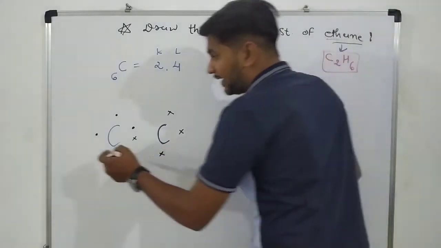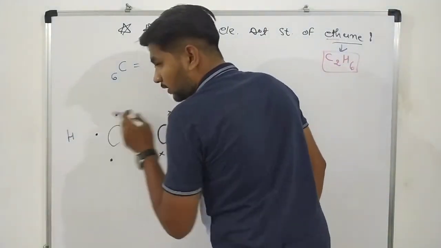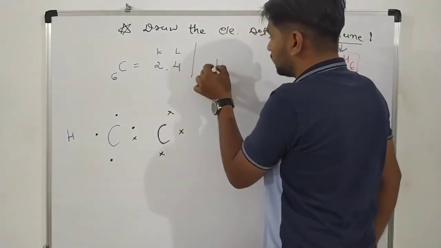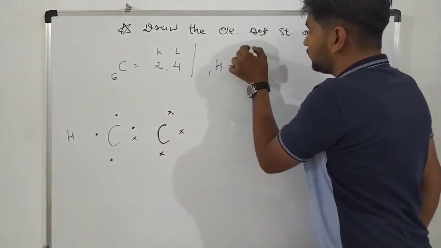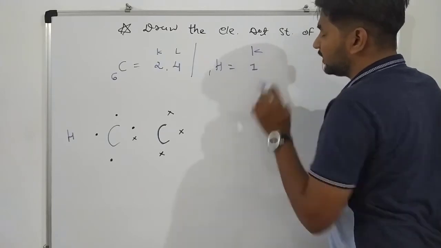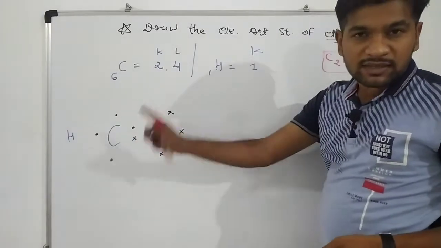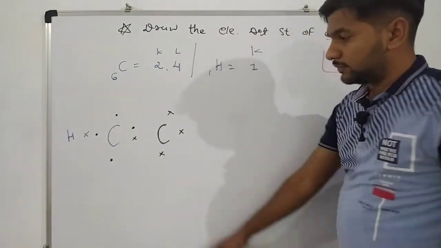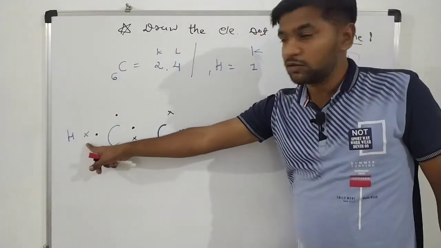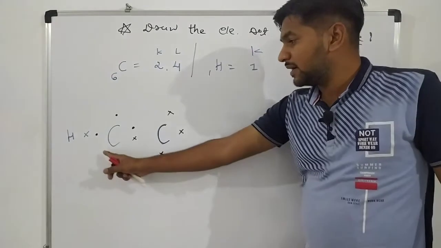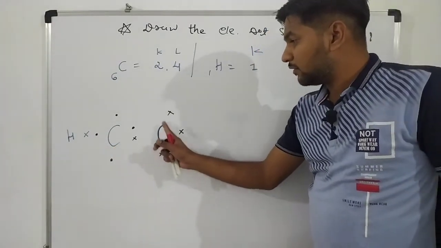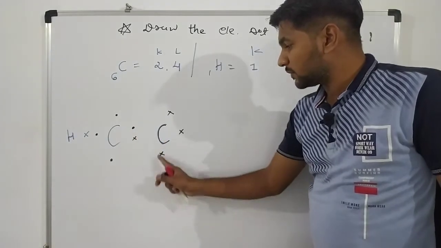So here hydrogen, element number 1, you can write. In the first orbit there is only 1 electron, so it shares only 1 electron. The symbol of the electron is changed so that we can separate the electrons.